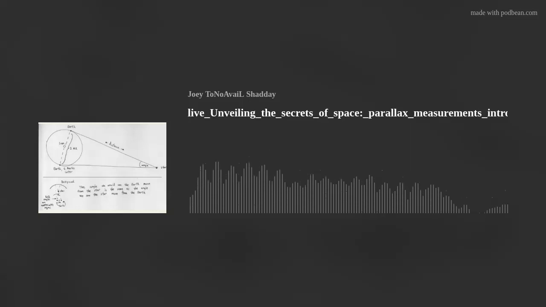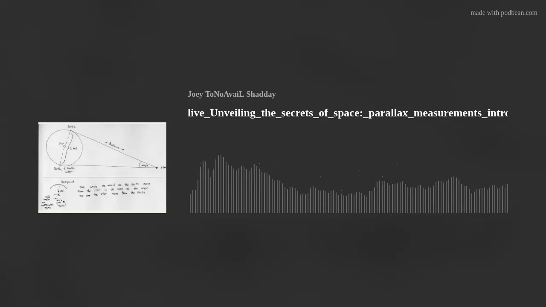Now, the parallax formula: how can we calculate astronomical distance using parallax? Let's break it down. Parallax angle. The first step is to measure the parallax angle. This angle represents the shift between two different observations of the same object, taken from opposite sides of Earth's orbit around the Sun.